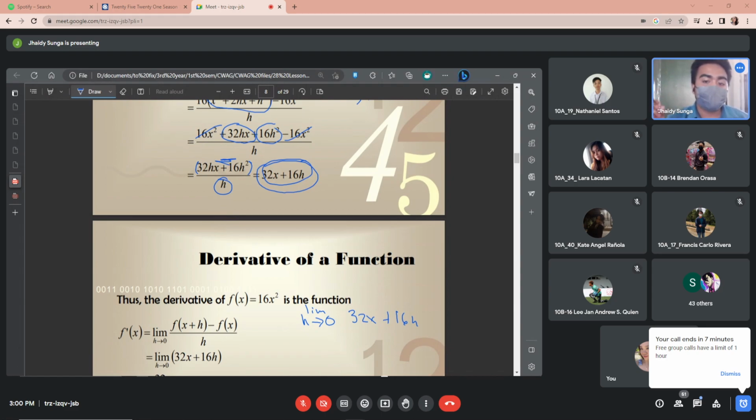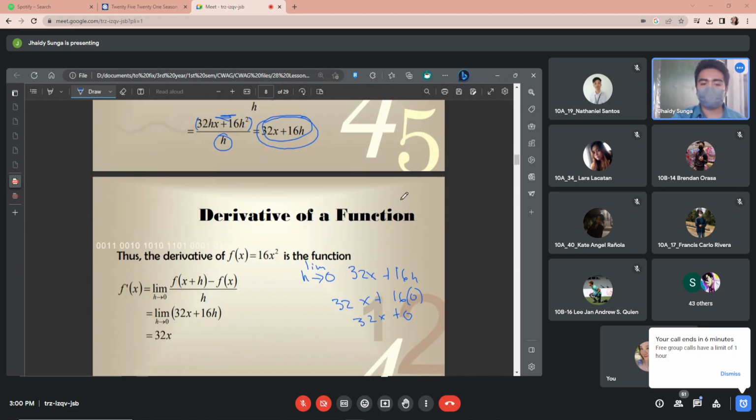It means that all the variables in your term will be substituted with 0. Correct? So this 16h will be substituted with 0. So obviously this will turn out as 0. It will be 32x plus 0. Or in other words, we could have the final answer as 32x, or we could say the f prime of x is 32x.